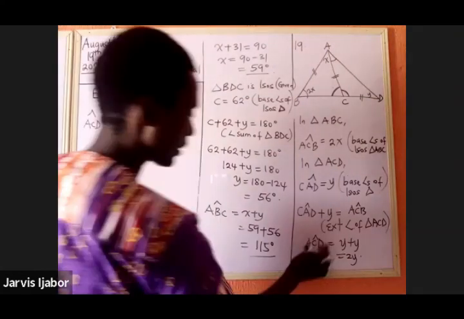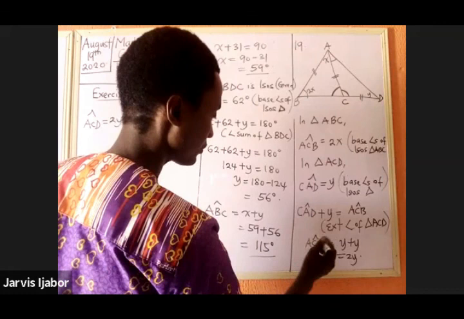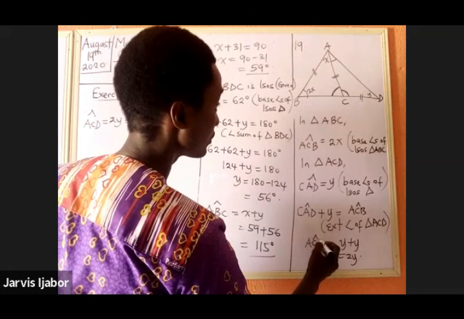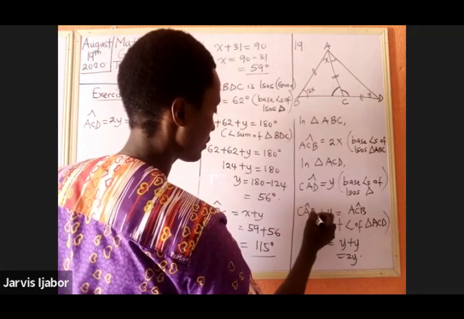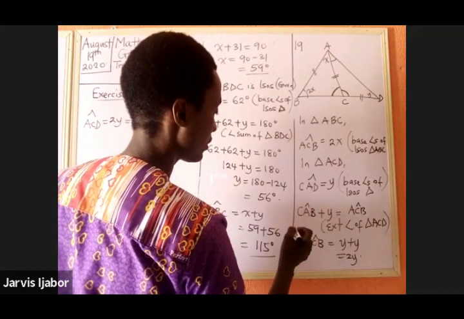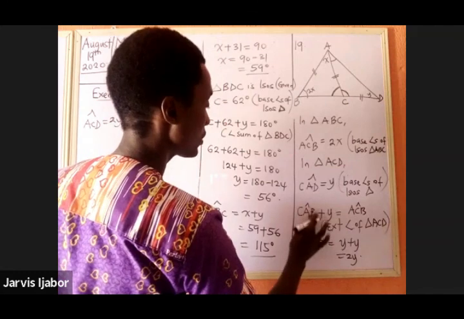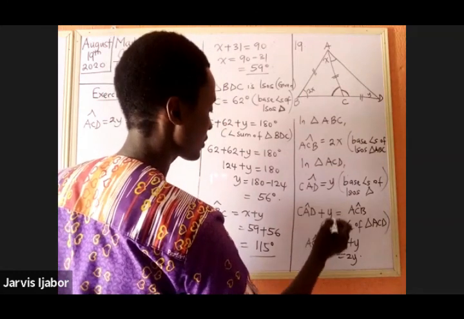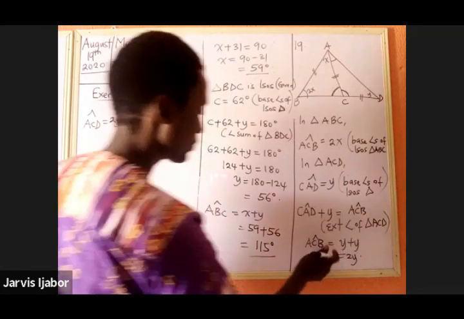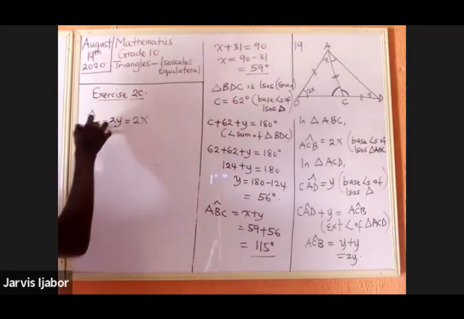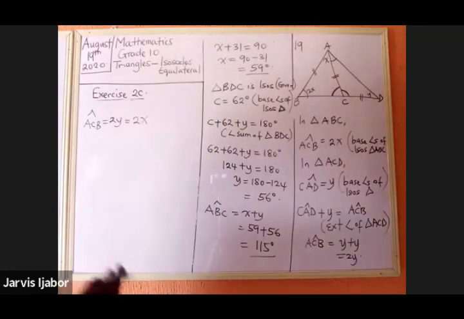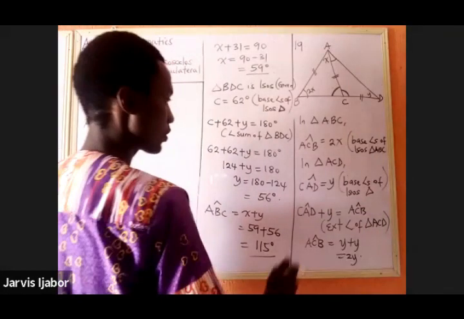Sorry about that. This is correct. Please correct that. So angle ACB is equal to 2y, and it's also equal to 2x.